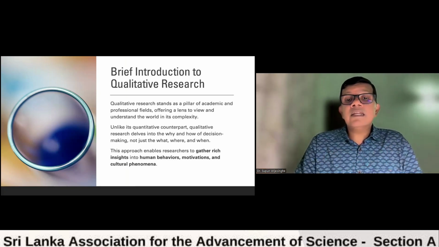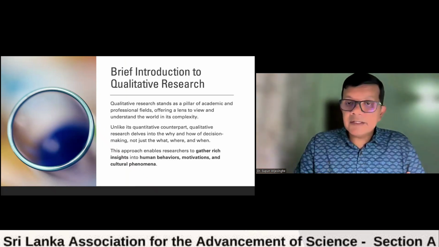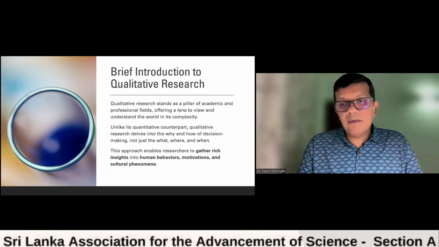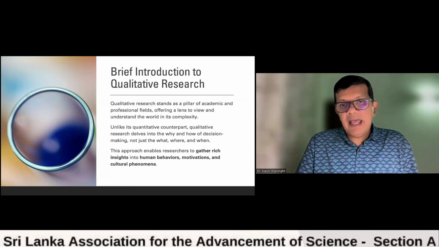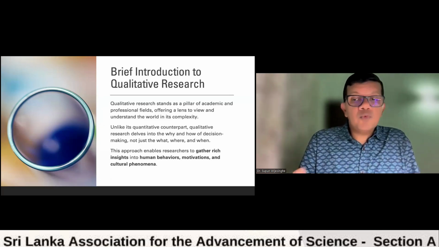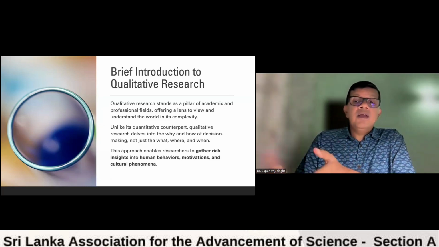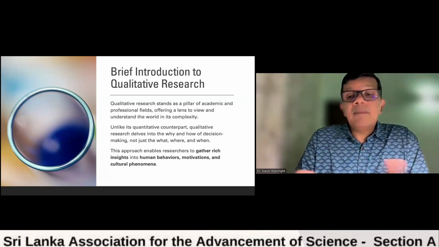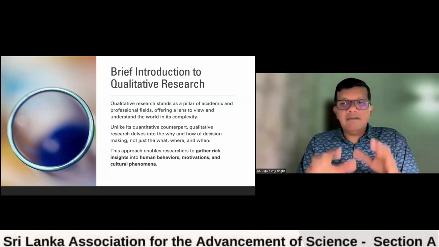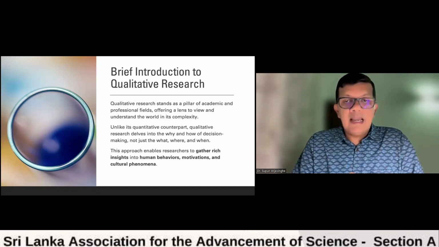Unlike quantitative research, it's about why and how people make decisions. In quantitative research, you just talk about what, when, and where it has happened. But here we are focusing on an exploratory path: why things are happening like that.